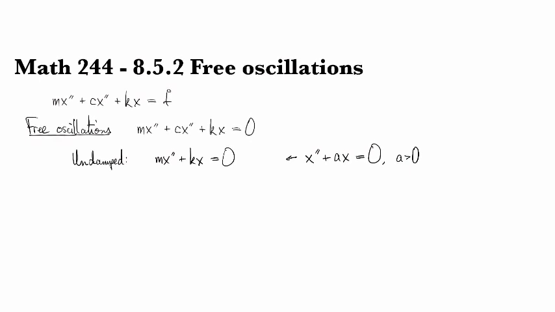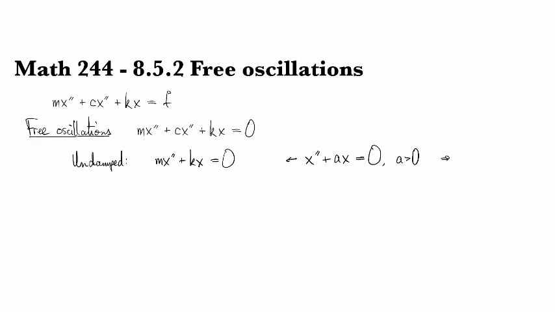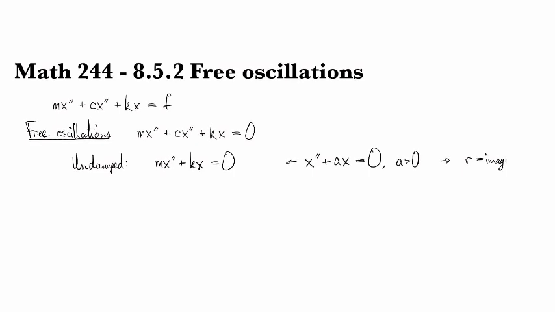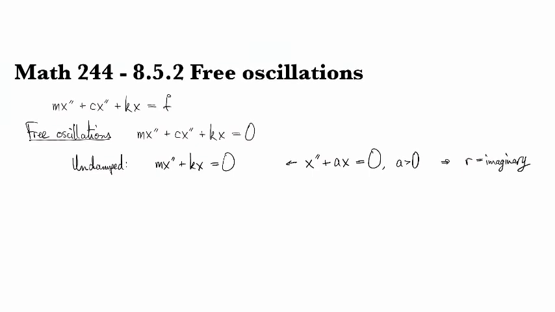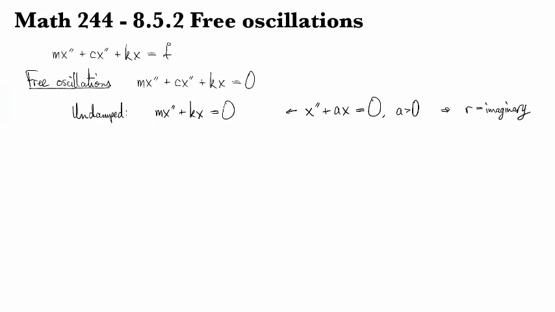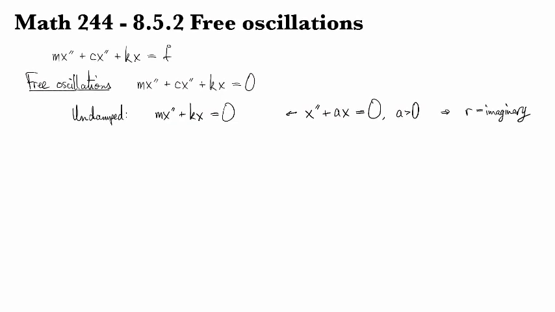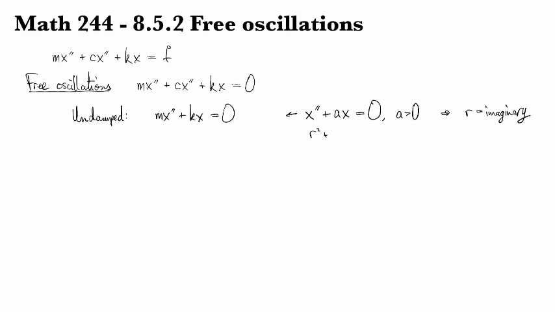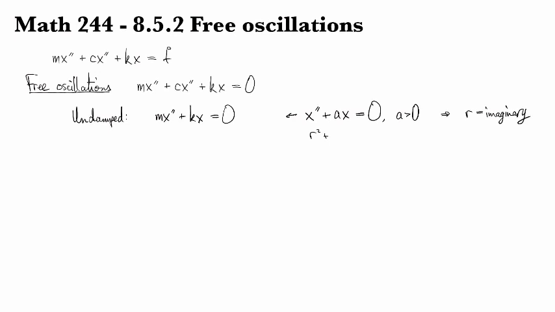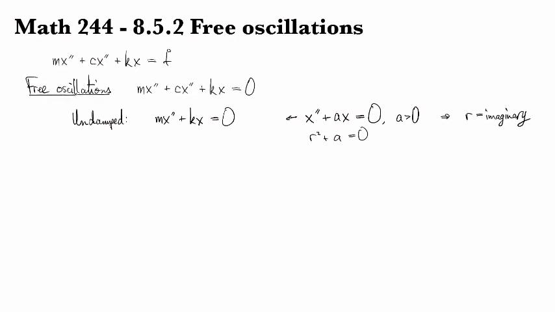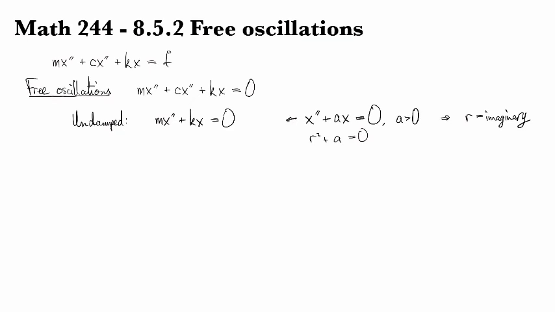Just thinking about what the characteristic equation is going to tell you, you're going to find that r is going to be purely imaginary. You're going to get an irreducible quadratic, r squared plus a equals 0, and so you get a purely imaginary answer.